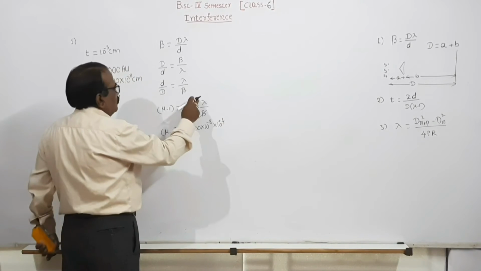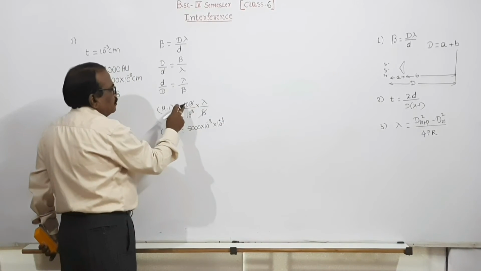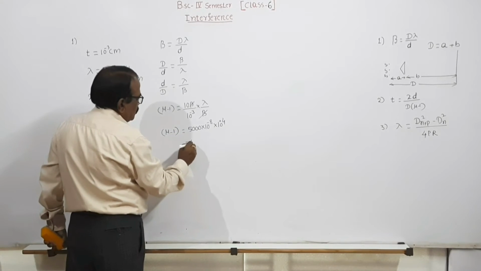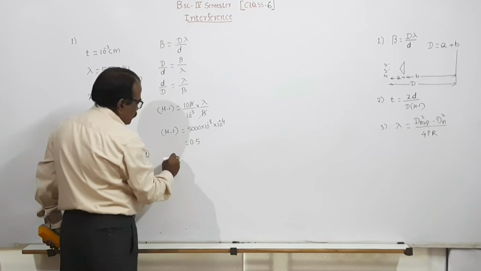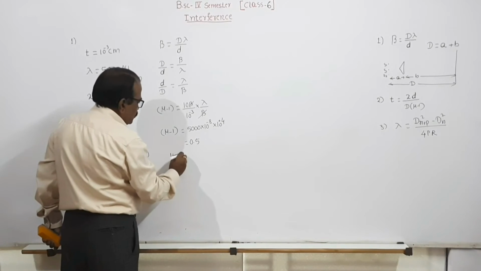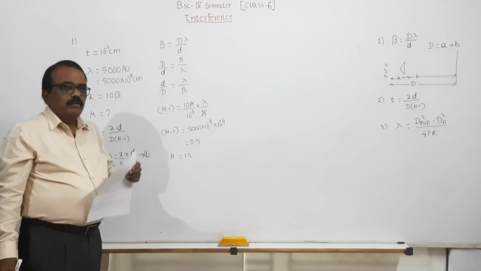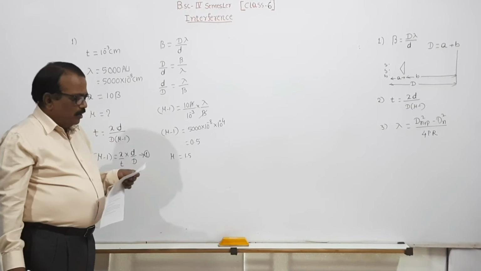This is 10 raised to plus 3 and this one is 10 raised to plus 4. You are going to get this as 0.5. Therefore, your mu is equal to 1.5.